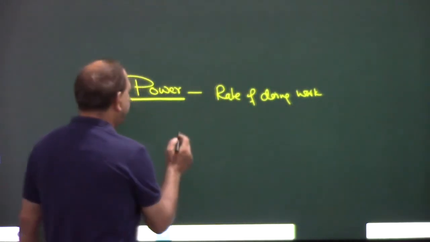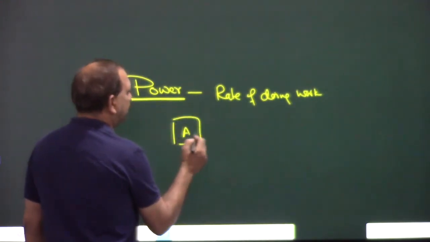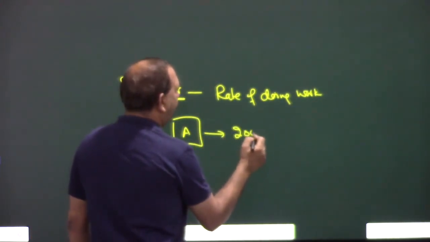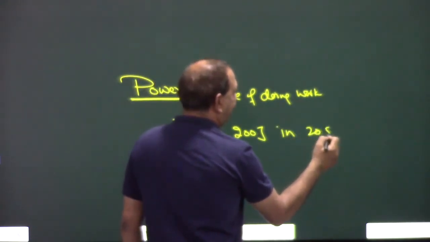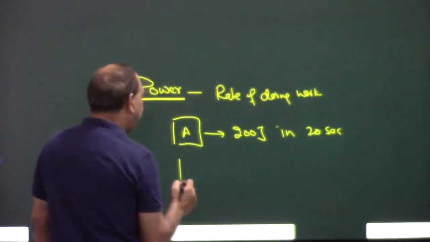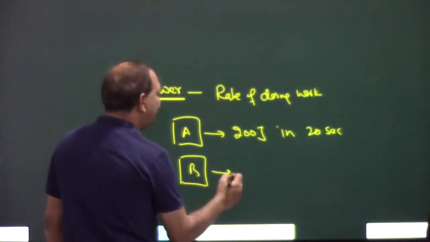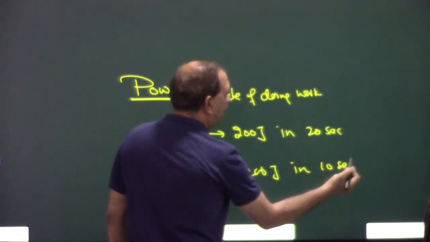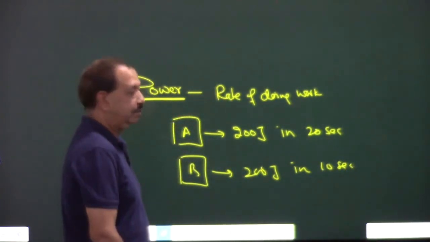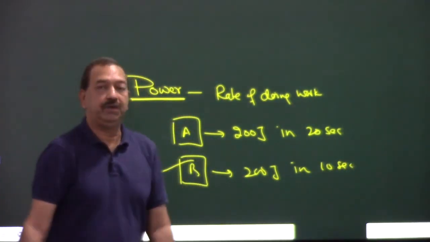Let us consider a person A is doing 200 joule of work in 20 seconds, and the person B is doing the same amount of work in 10 seconds. Then who is more powerful? Obviously the person B is more powerful.